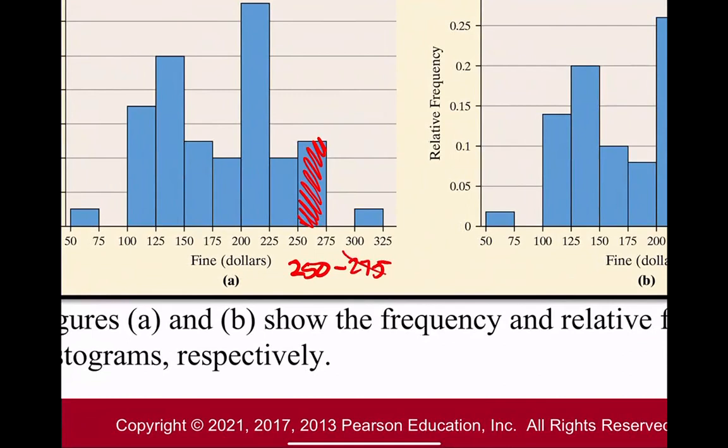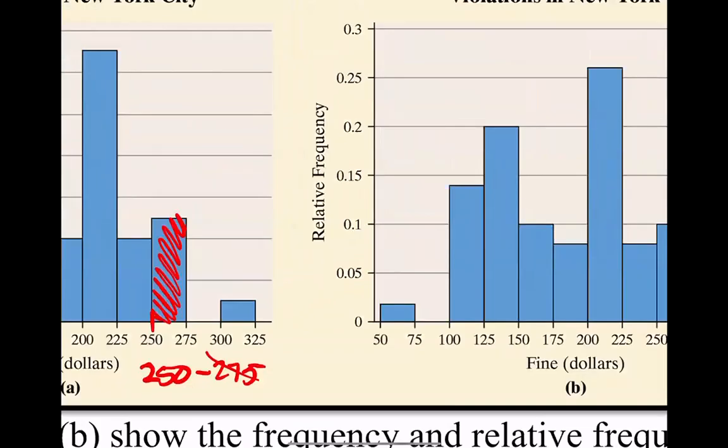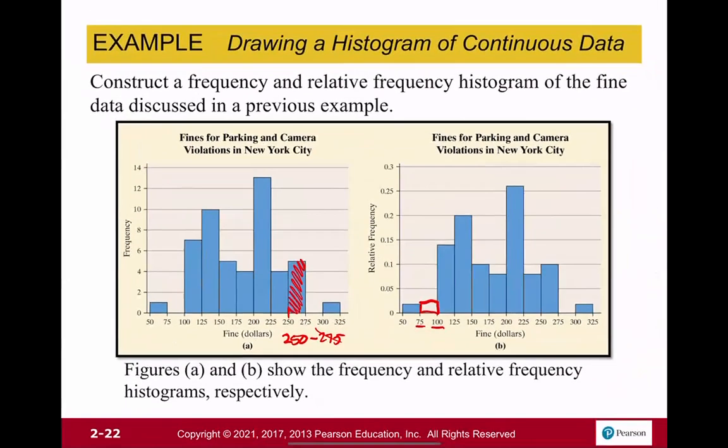But we know that the class limits go from there to there. And that's why they end up touching, because the data flows a lot better that way. You know that it goes from one number to another, and you have that whole number line. So notice how there's a space right here. That hollowness represents that we don't have any values here. We don't have any values between 75 and 100. So that's what keeps those there.